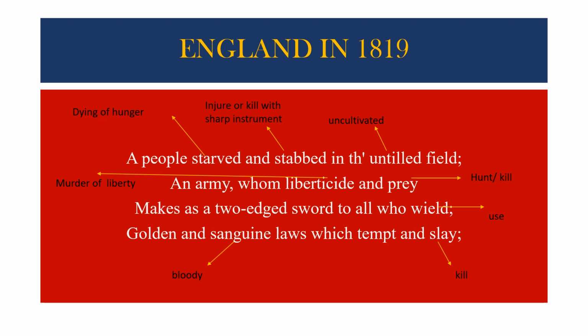Golden and sanguine laws which tempt and slay. So now people are in bad shape. They are dying of hunger. They are being killed. The army is not doing what it should be doing. It's killing the liberty of the people, hunting and killing people. And laws are again supposed to protect people.